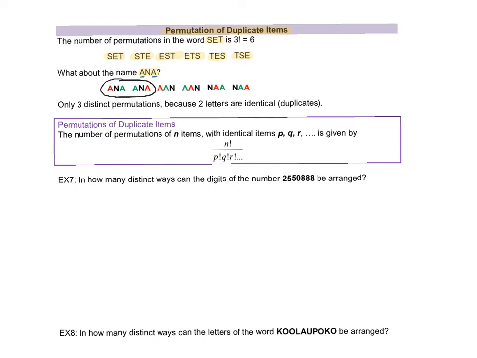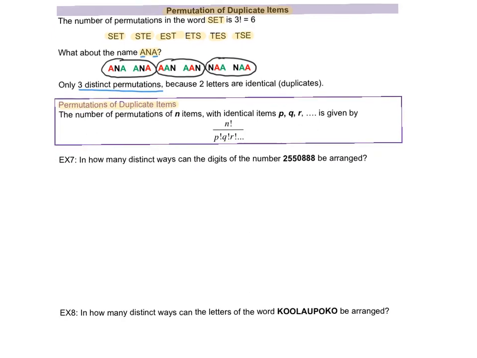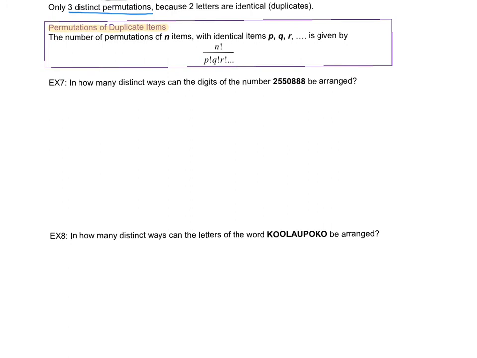If I were to put the 2 A's first and then change their order, I have one permutation. Let's say I put the 2 A's last and then switch their order. Again, same permutation. So really, I only have 3 distinct permutations because 2 of my letters were identical. They were duplicates, which brings us to the permutation formula for duplicate items. Let's say we have n items.